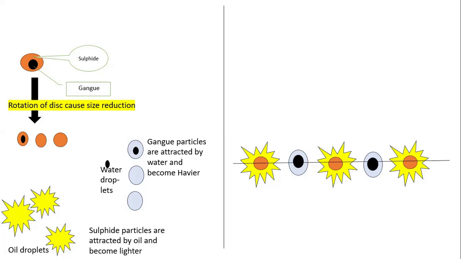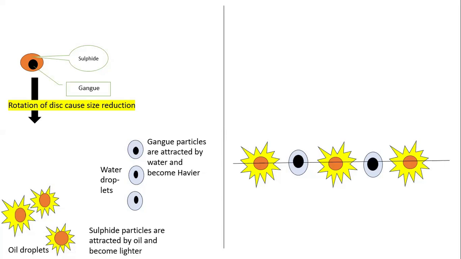From this mixture, all the gangue materials get attracted by water. They do not show any interest in the oil. So they stick to the water droplets, whereas the sulfide ions bind with the oil droplets. In this way, the mixture is formed. So the gangue material binds with the water, whereas the sulfide material binds with the oil droplet.